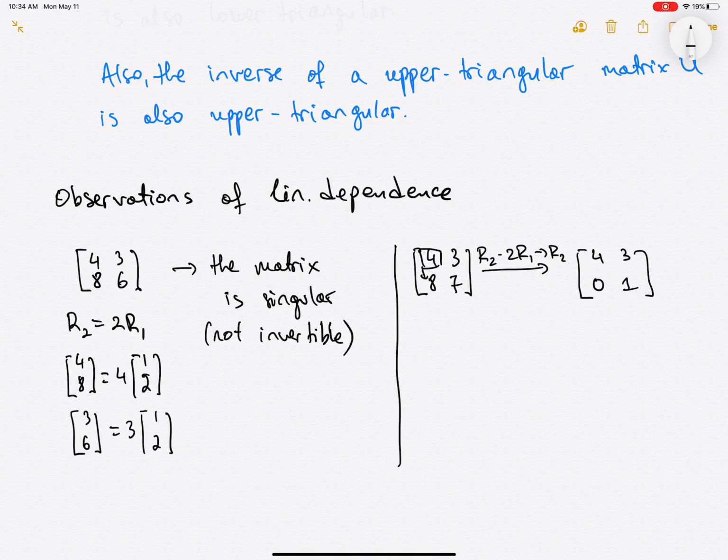We reach an upper triangular matrix which is invertible because both pivots are non-zero. So we know that this matrix will also be invertible. Of course, this is not the way to find the inverse. To find the inverse, we would actually have to augment the identity matrix, but we already know that the matrix is invertible.